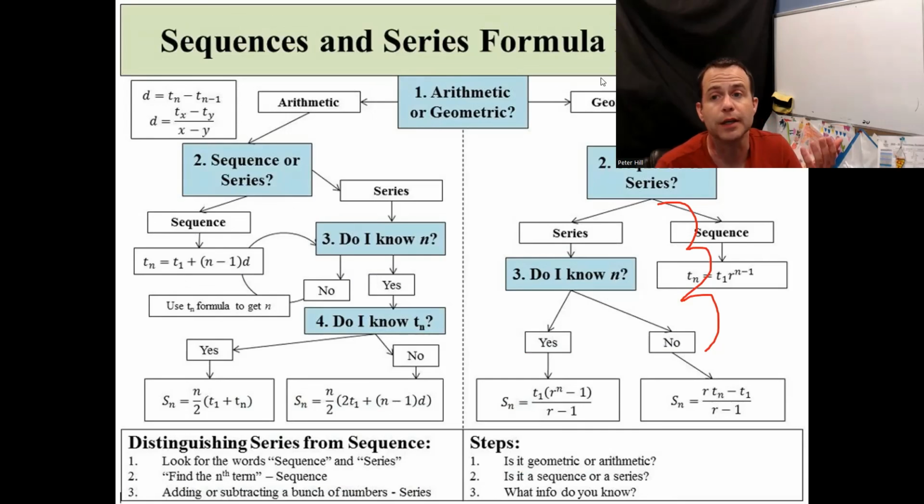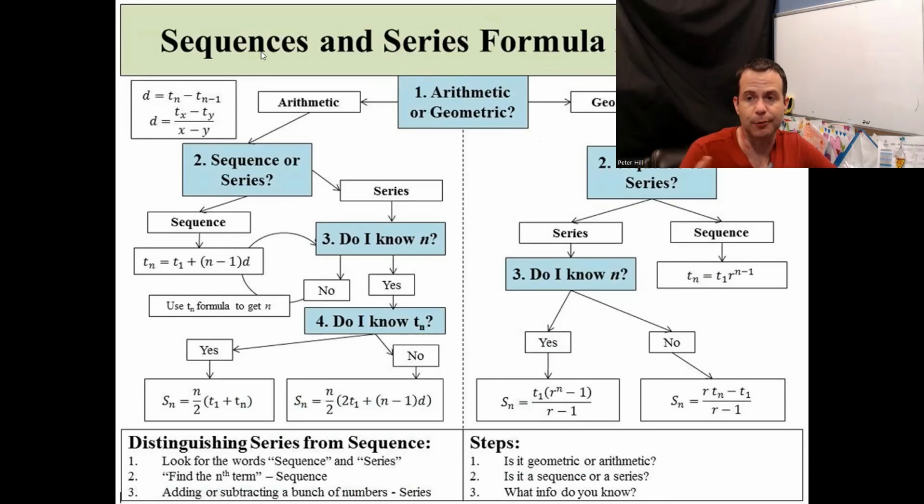And if it's a series, do you know the last term or not? And that will always hone down into the one formula that you need to use. So use this to help you with your homework. You won't have this flow chart on a test or an exam, but use it just to help you familiarize yourself with the thinking process of how to get this done.